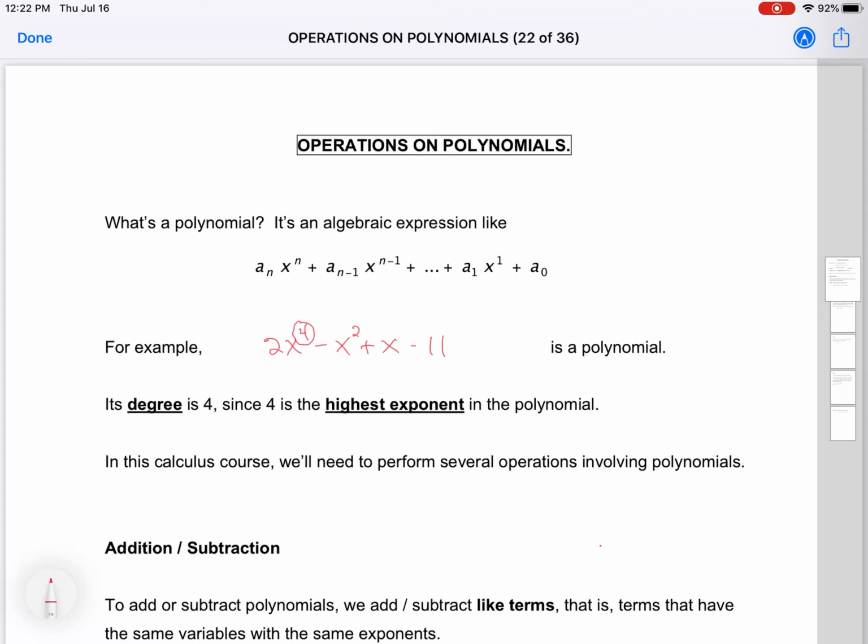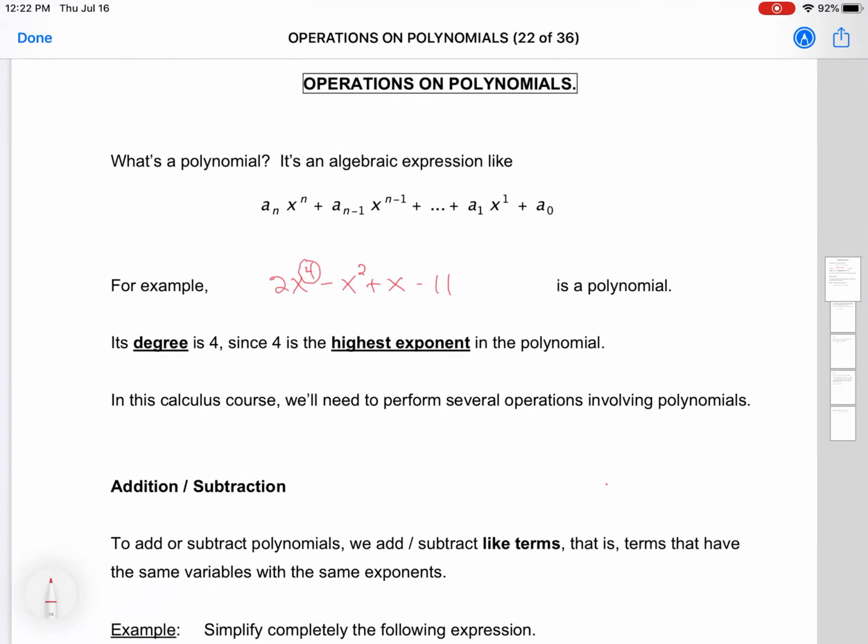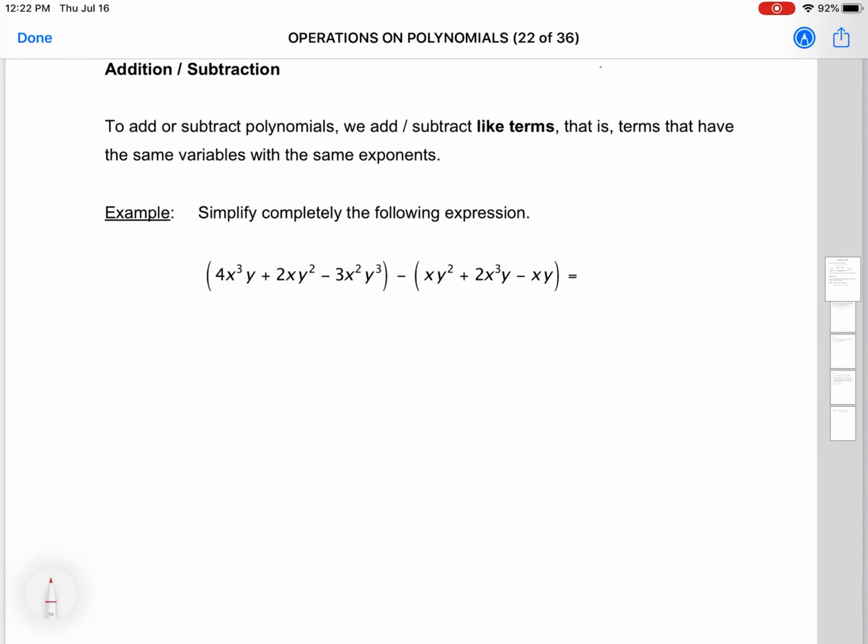So in this section, and in calculus in general, we'll have to deal with operations dealing with polynomials. So let's start with addition, subtraction. Basically, what's involved here is to combine what's called like terms. Like terms are the same variables with the same exponents.